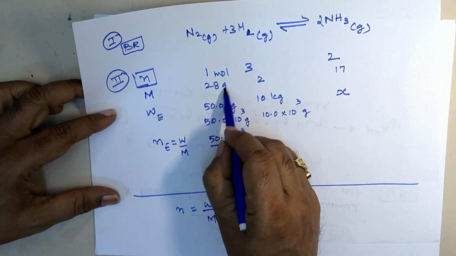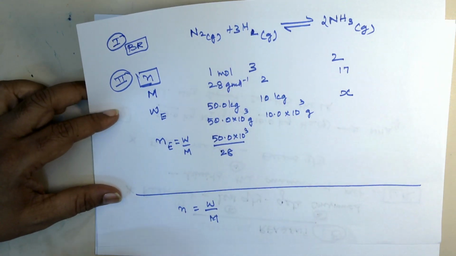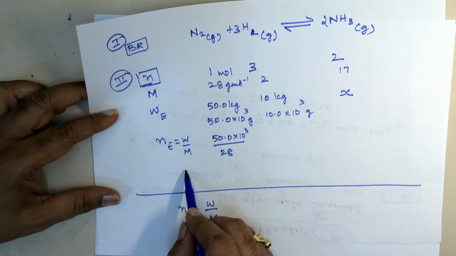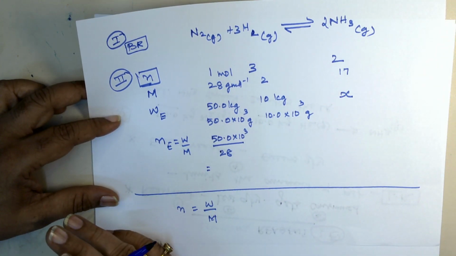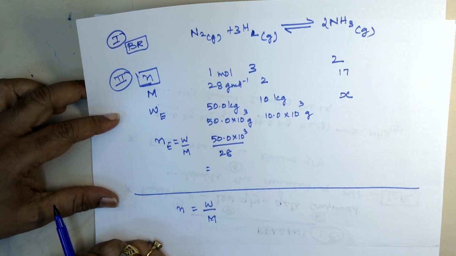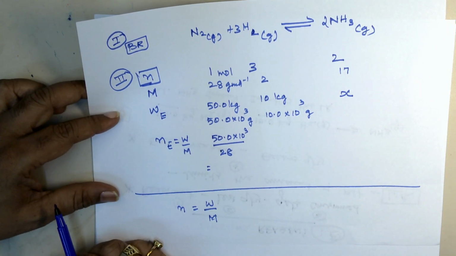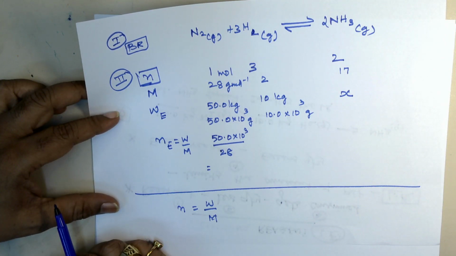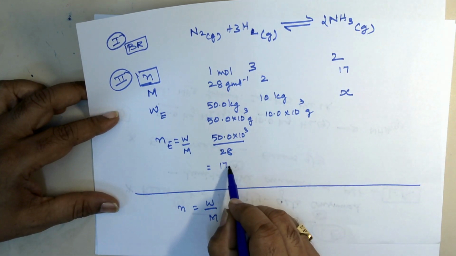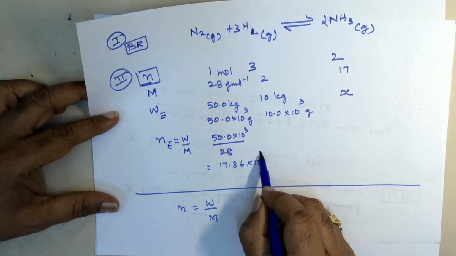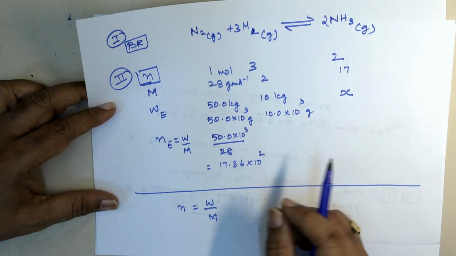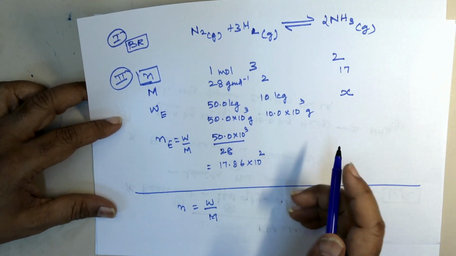So what is the value? Use the calculator. 1785.71, so 17.86 into 10 power 2 mole.